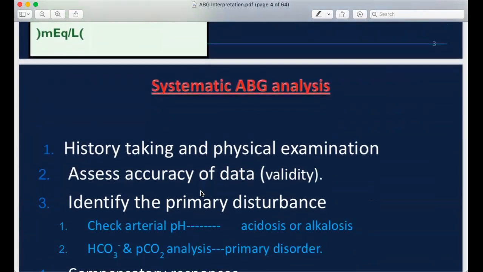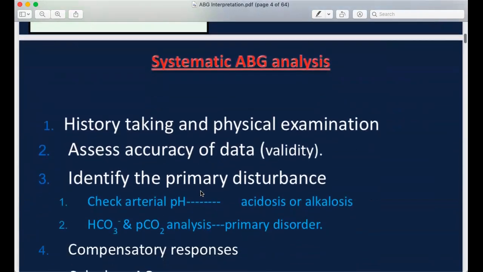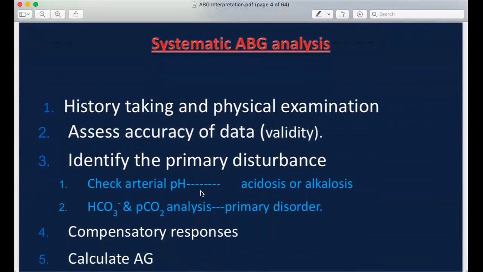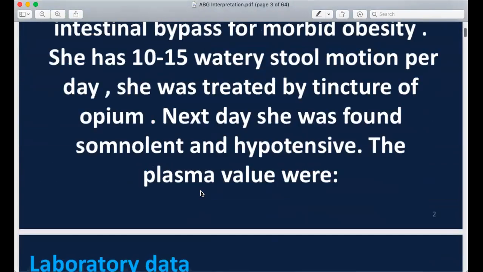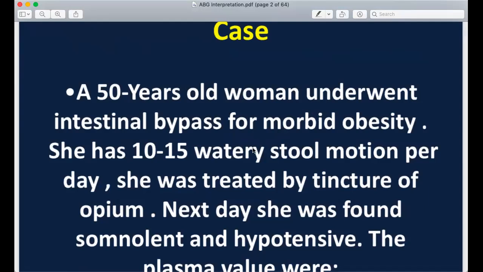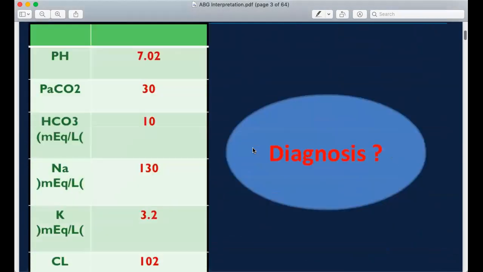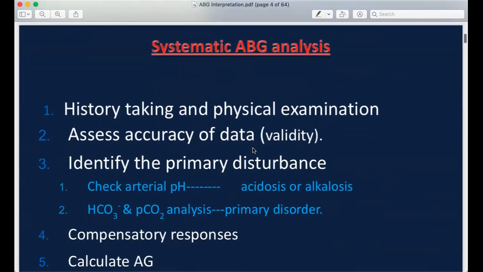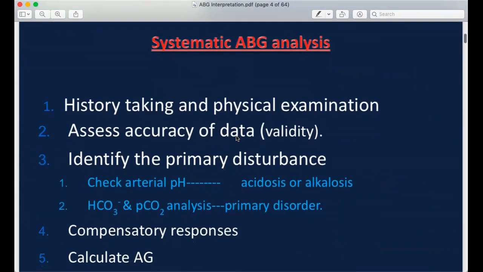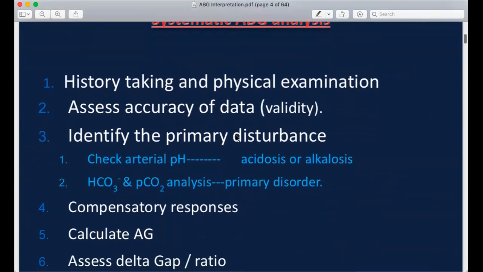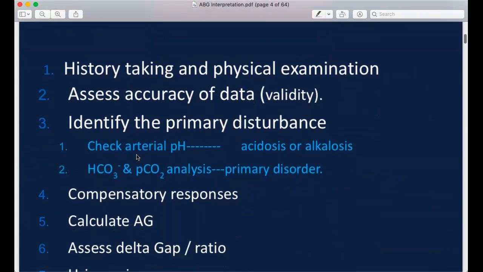So first thing first, what we need to know in the systematic ABG analysis: history taking and physical examination. We look at the patient and ask questions, like in this case, where we get to know what the patient was experiencing first, how she was treated, and later on how she presented again in the emergency department. Then assess the accuracy of the data, whether the data is correct or not. Then identify the primary disturbance by checking the arterial pH, which tells you if this is acidosis or alkalosis.